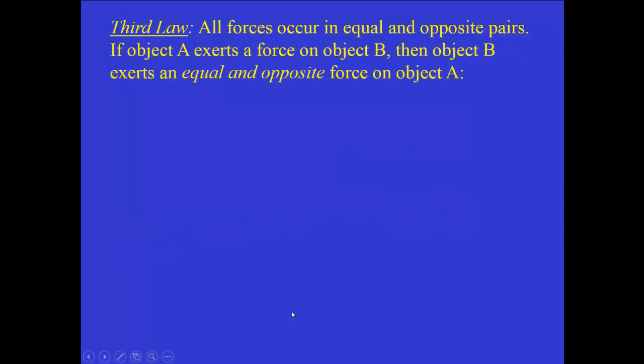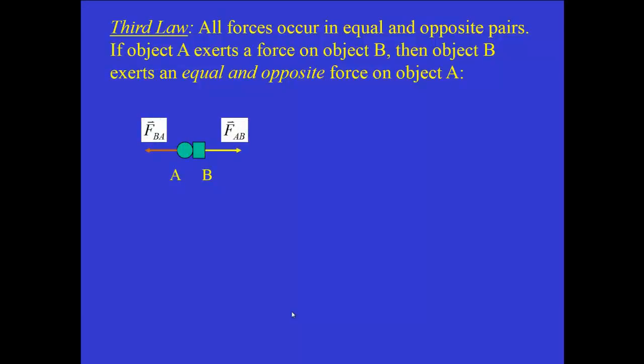The third law, okay, this says that all forces in nature occur in equal and opposite pairs. And this just has to do with the relationship between two objects that can interact with one another. If object A exerts a force on object B, then object B must exert an equal and an opposite force on object A. And I can draw a sketch to show this.